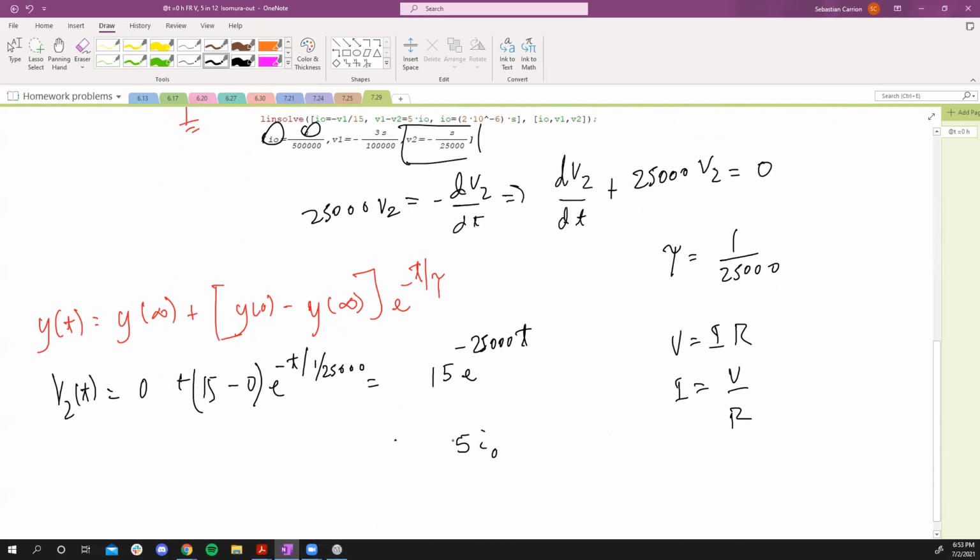So this is our V. Sorry, R equals V over I, and we know that V right here equals 5 times i0, and our I is i0.